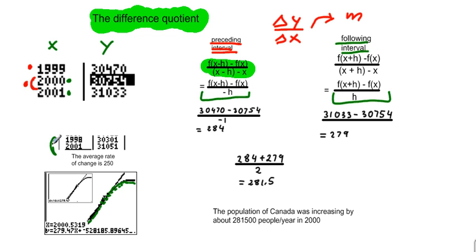Look, just recall, the chart was jumping from 98 to 2001, and we couldn't do anything with it. The only rate that we can find based on the chart is the average rate of change, which is equivalent to 250,000 people between year 98 and 2001. But this is not what we want to find. We wanted to find how fast is the population in Canada in this very year 2000. Okay, so this is where that calculation comes from.